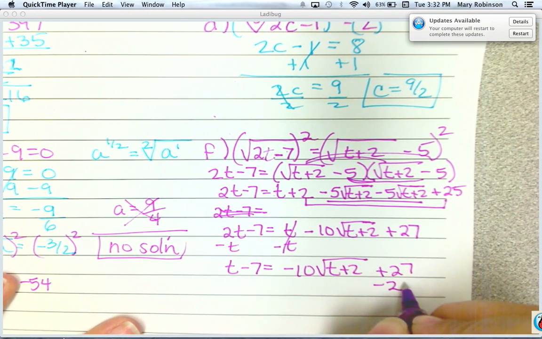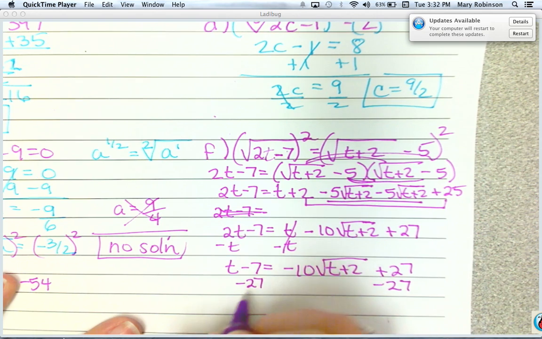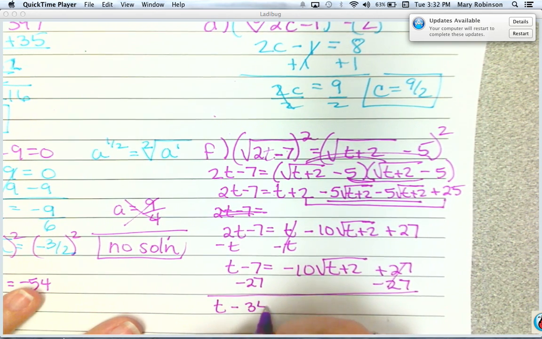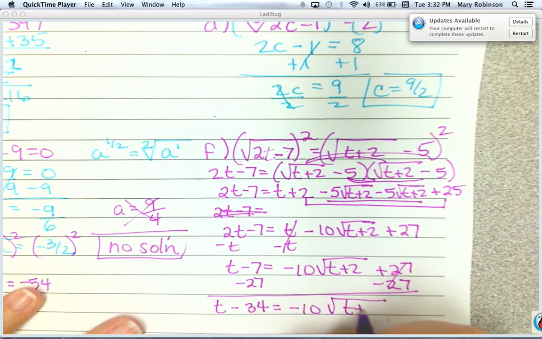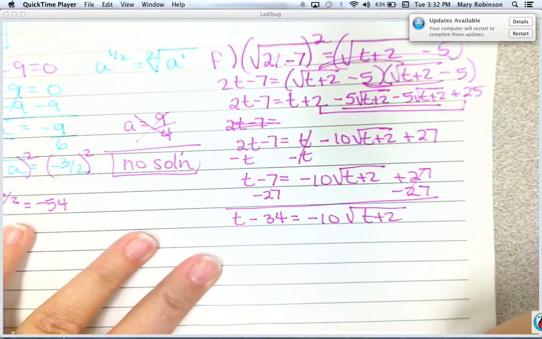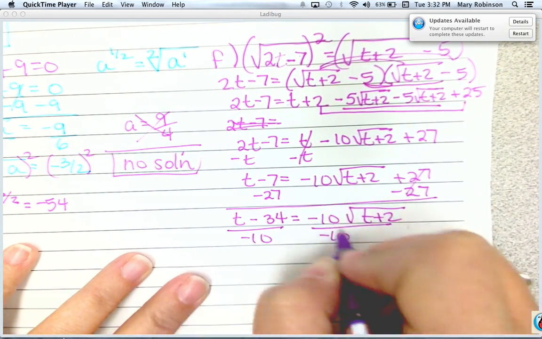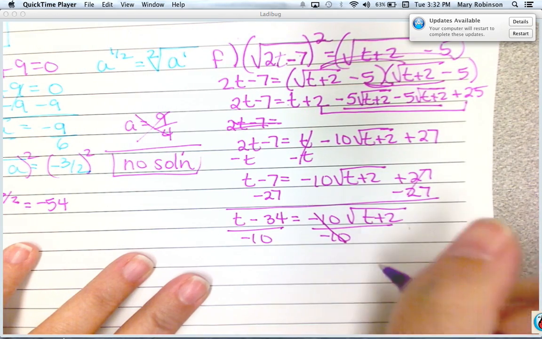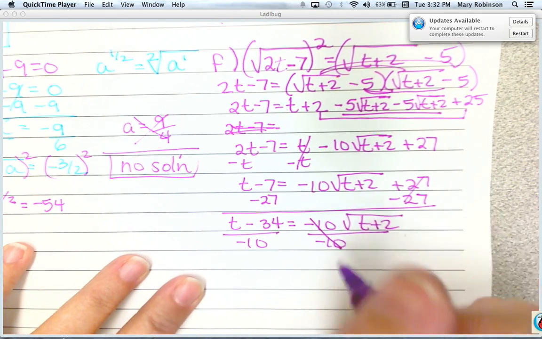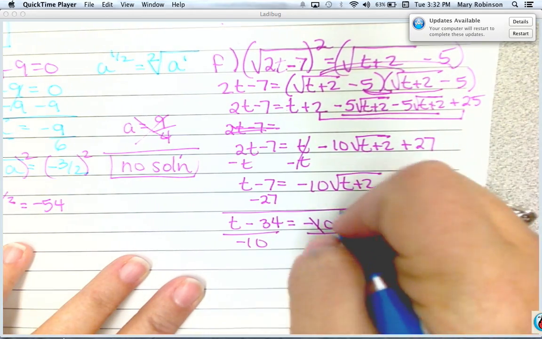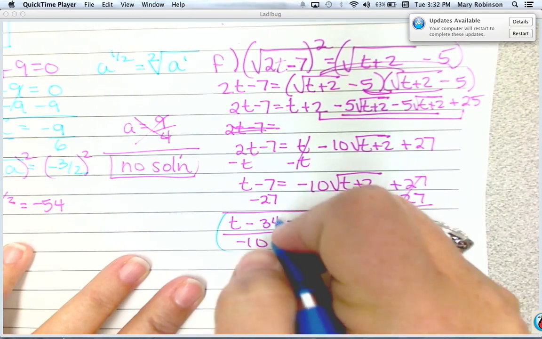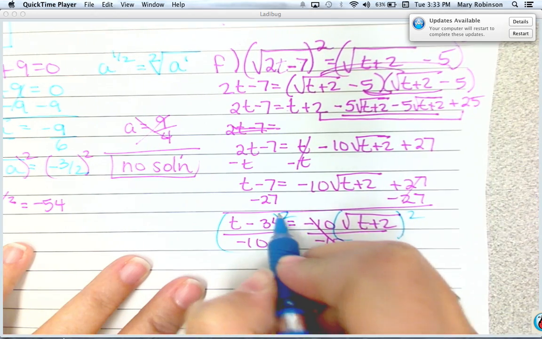I can subtract 27 from this term, and that gives me t minus 34 equals negative 10 square roots of t plus 2. Next, I divide both sides by negative 10, and there's really not much else I can do. However, at this point, I can square both sides because my radical was isolated.